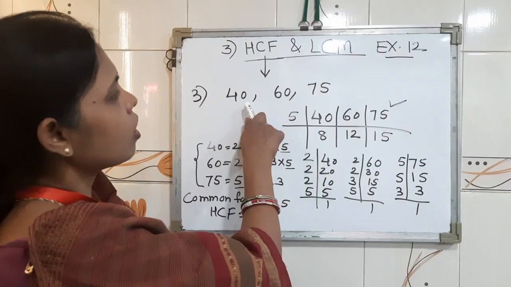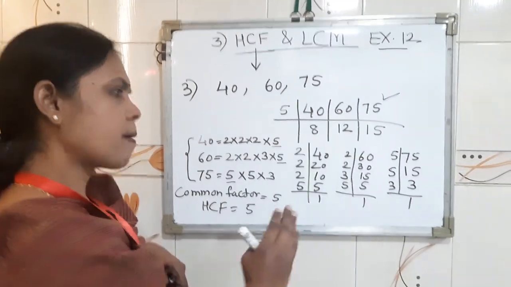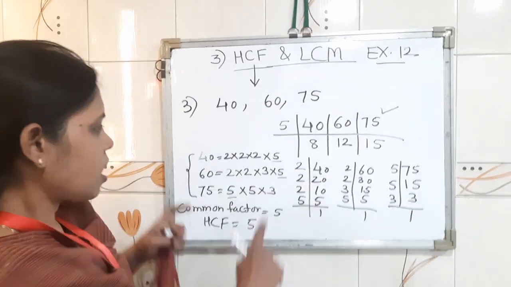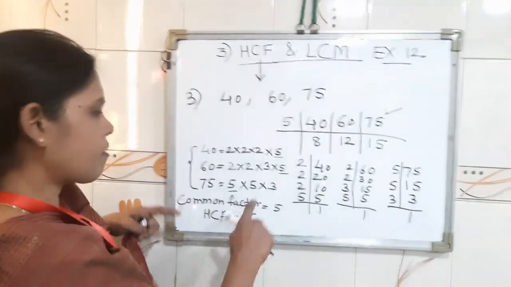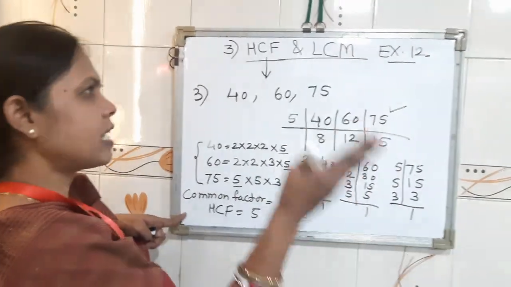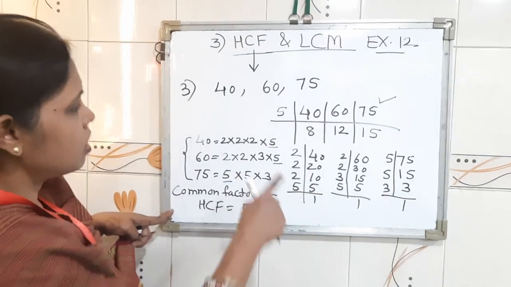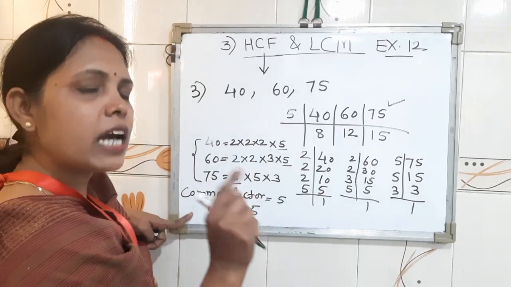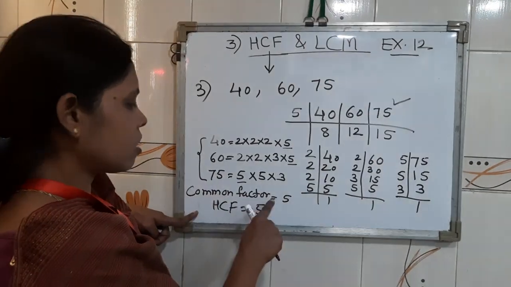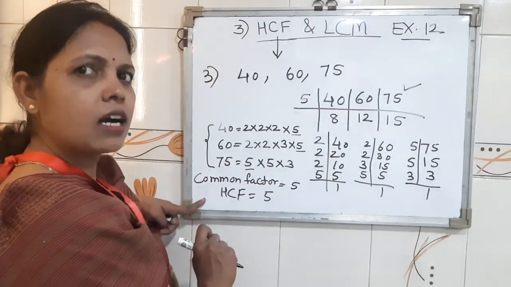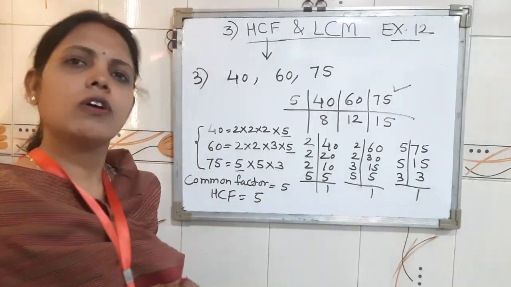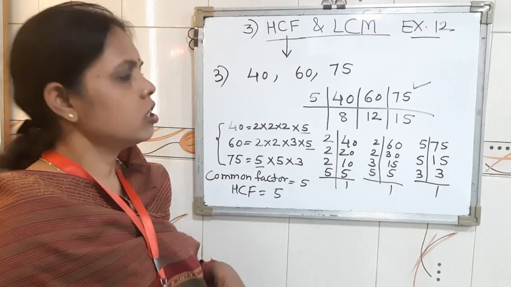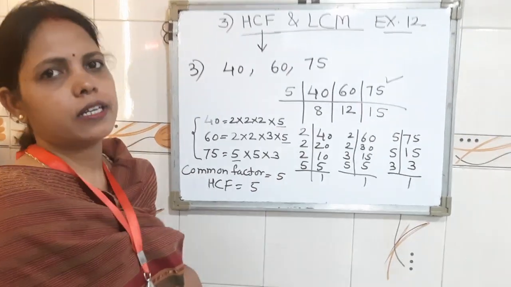In the other, for all the given numbers, separate form is there to find out the factors. Now you got that method. After that, same way as in exercise 11 how we solved, we find the factors, and to find HCF we search the common factor, and after that HCF equal to 5. I hope children you understood this question properly.